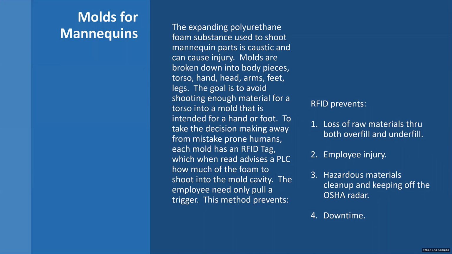I want to talk about various applications that were mentioned in the first slide. The first thing I want to show you is the mannequins and how this was related to both a safety feature as well as a productivity benefit.